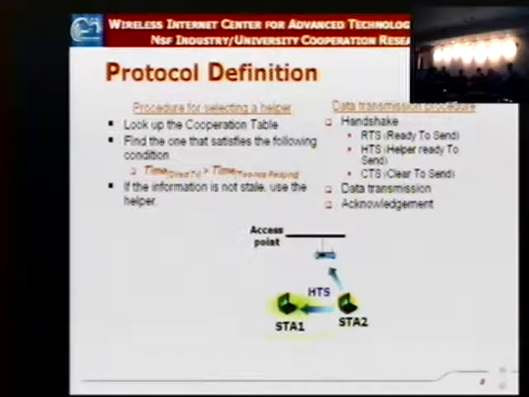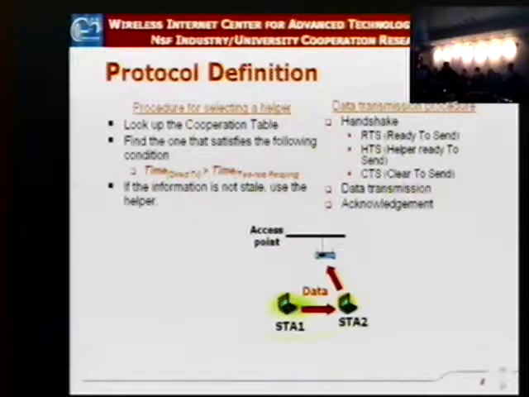Otherwise, if station 1 and the access point receive the HTS, then the access point transmits the CTS to station 1, which is heard by station 2 also. So after the exchange of these control packets, the handshake, there is the transmission of the data packet, which is done in 2 hops, from station 1 to station 2, and then from station 2 to the access point.